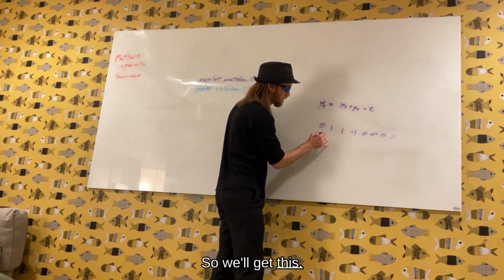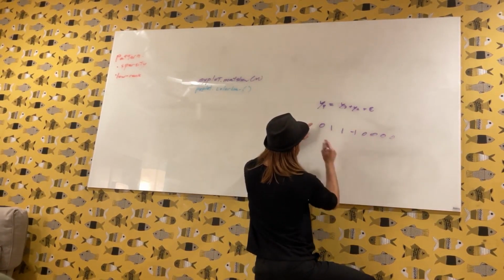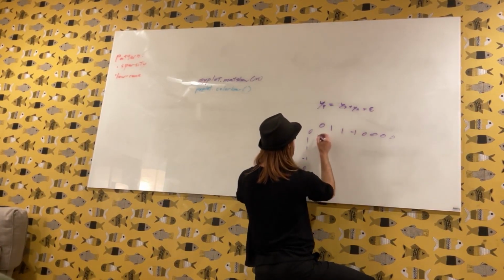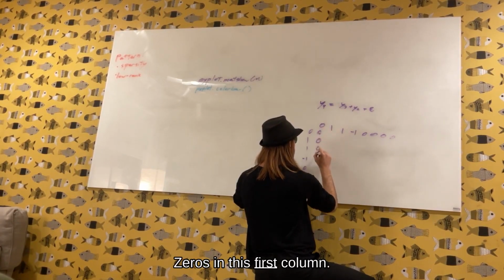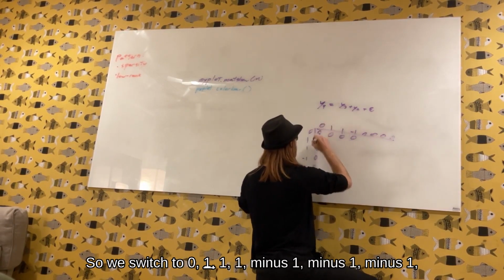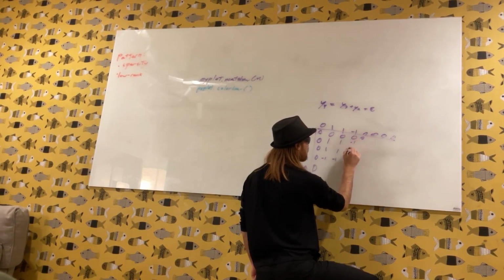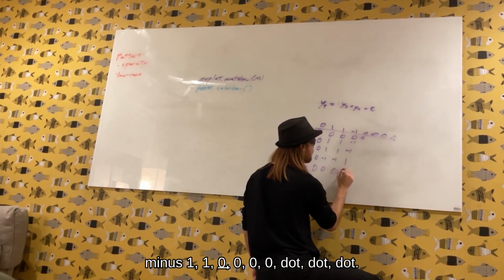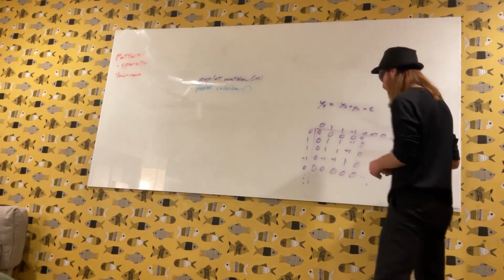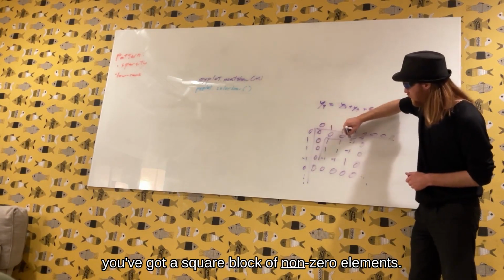So we'll get zeros in this first column, zeros in the first row, then 1, 1, this one, minus 1, 0, dot, dot, dot. So notice here, you've got a square block of non-zero elements.